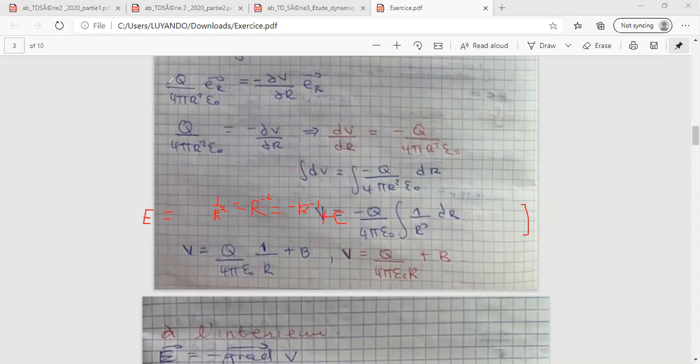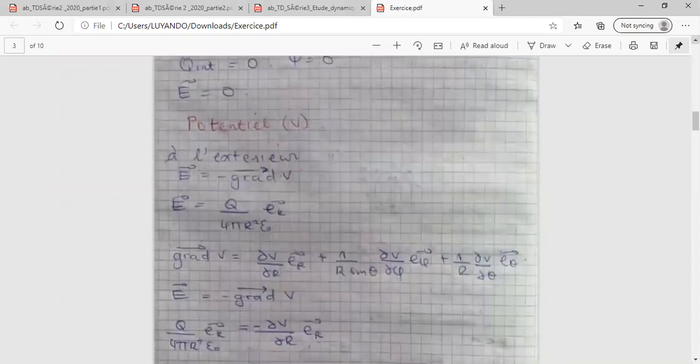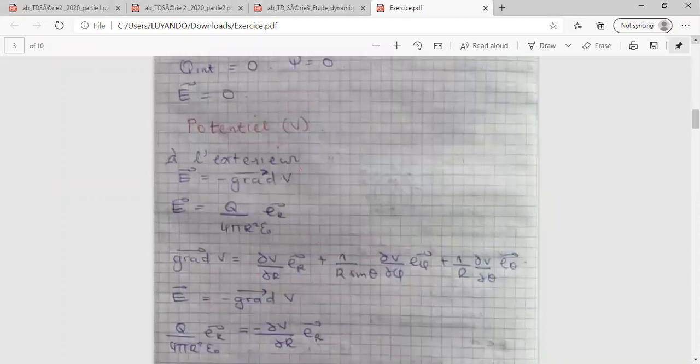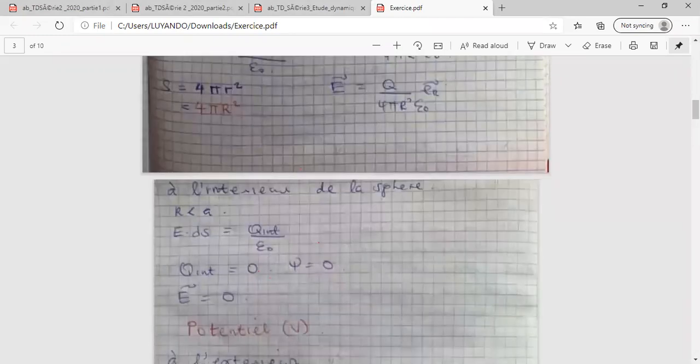Just a minute. Scroll up a bit. Here. Yeah, just there, after the exterior.